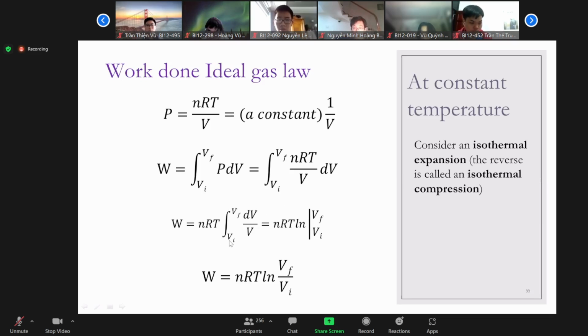If you apply a little bit of mathematics, you should be able to solve it easily. This is actually this one. And finally, the work done by an ideal gas at constant temperature. This one is constant temperature here, okay?